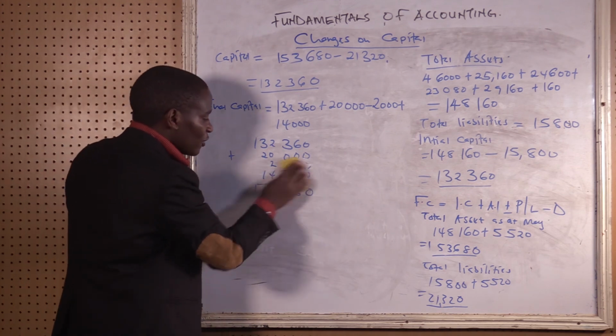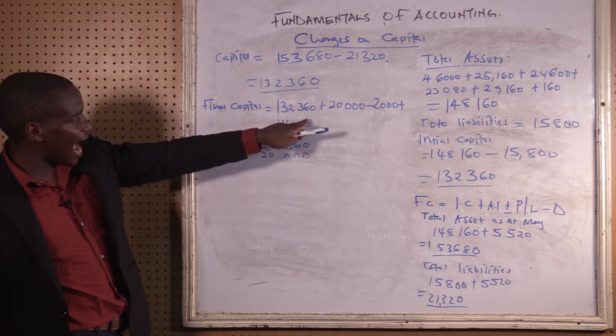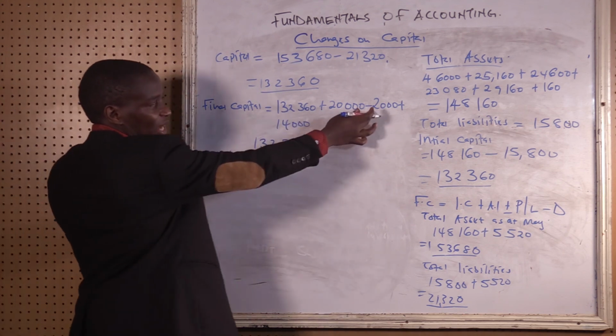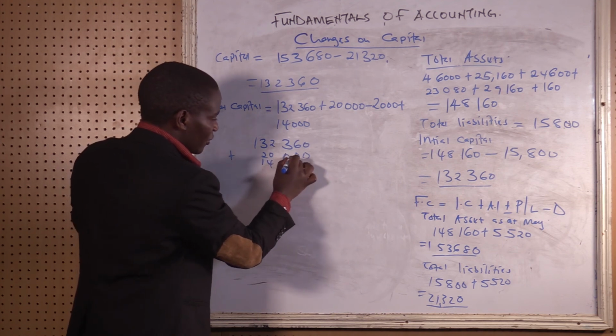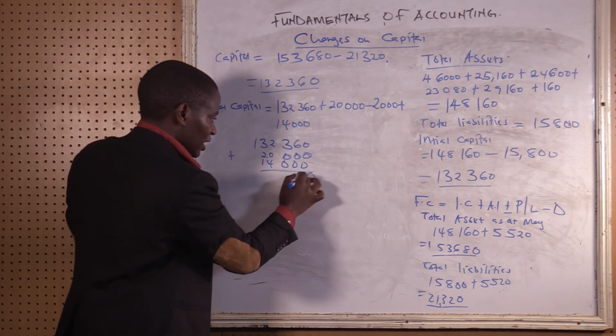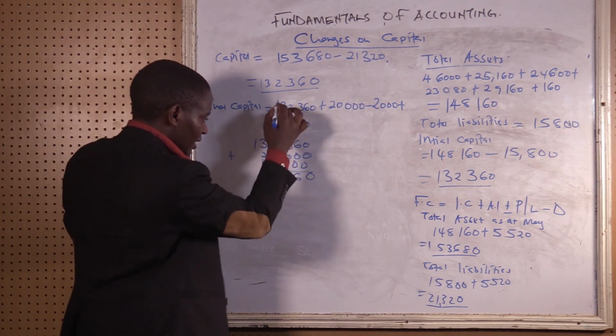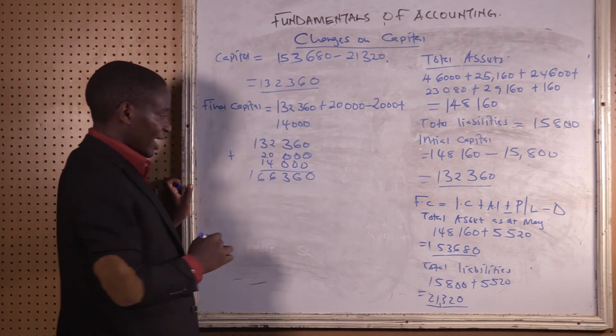So we can first of all add the 14,000, then we later subtract the 2,000. So we have 166,360.